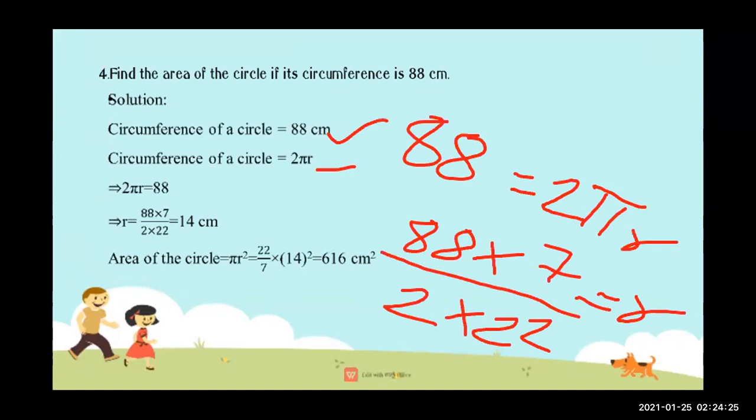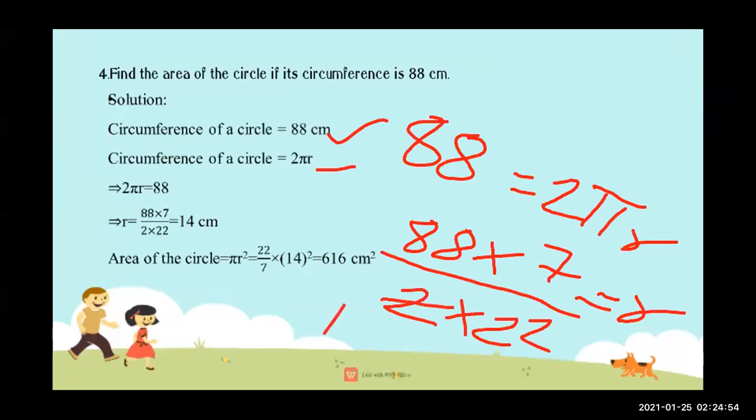This is equal to 2 upon 1. When it goes there, it becomes 1 upon 2. Here I have not written 1, I have written only 2. Then pi is 22 upon 7. When it goes that side, it becomes 7 upon 22. Only r is remaining. So equal to r. Now next we have to do the cutting.